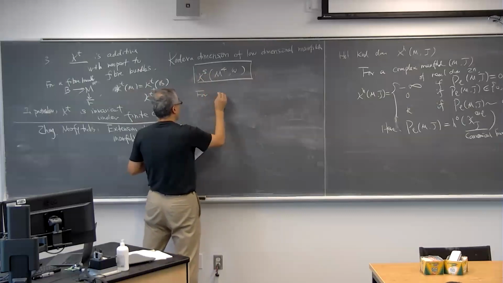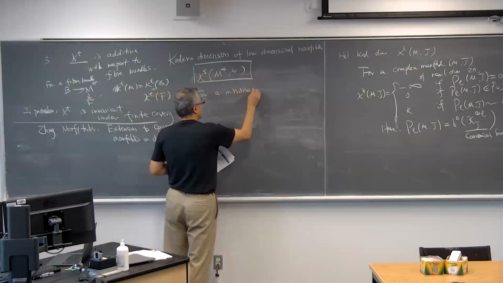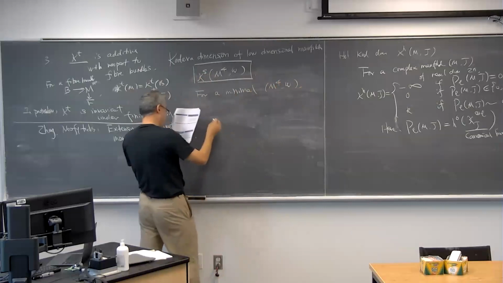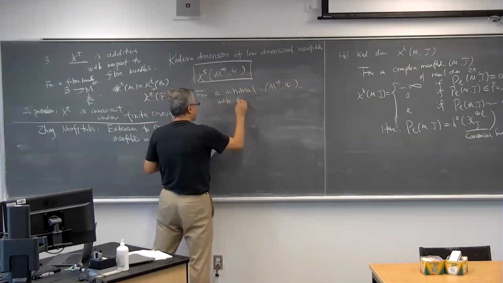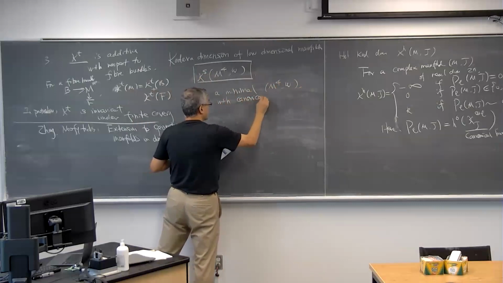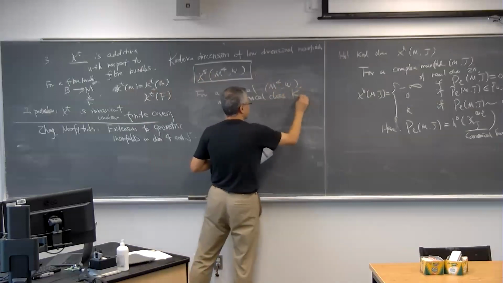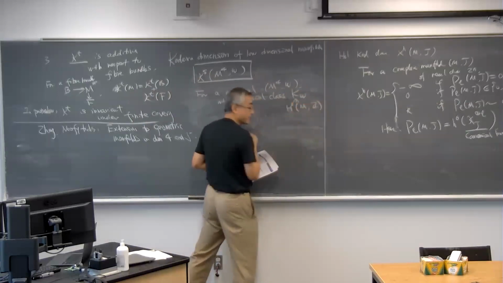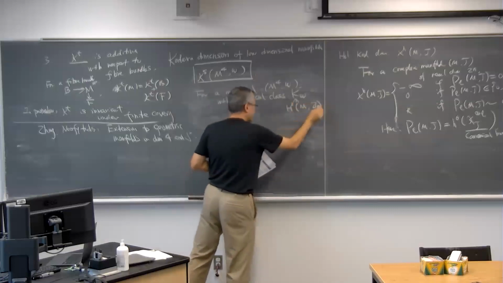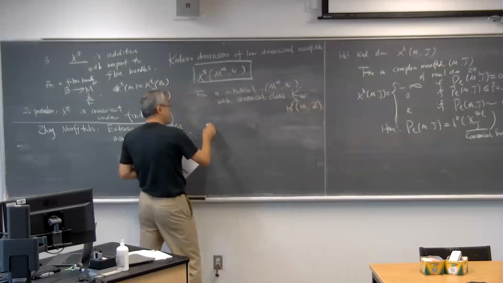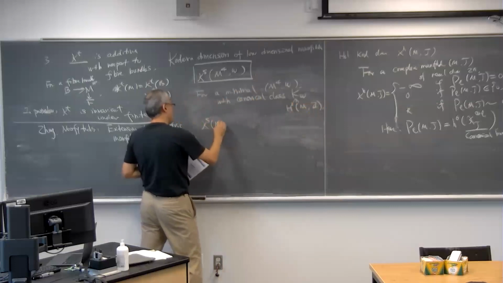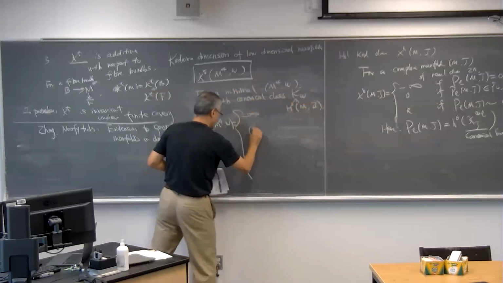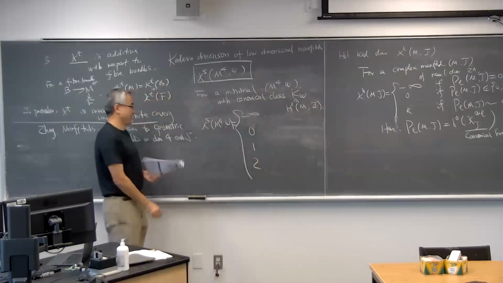So for a minimal one, with canonical class K, this is an invariant in the second cohomology group.